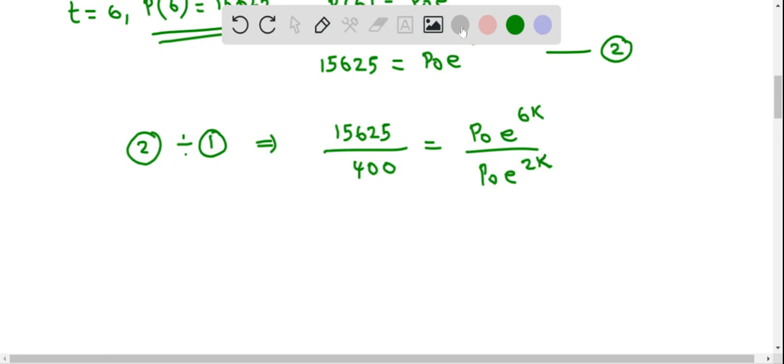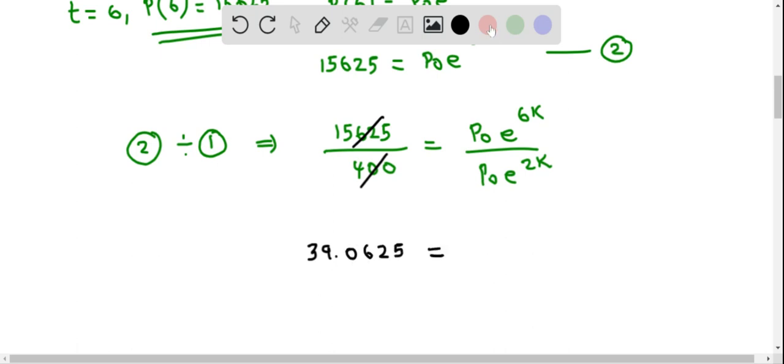We will now simplify this and determine the value of k. We can plug into the calculator 15,625 divided by 400, and this gives 39.0625.